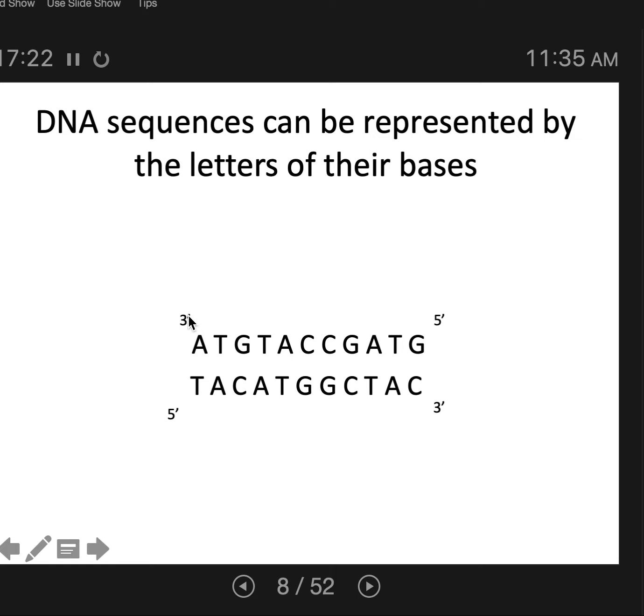I'll remind you, here's a little 3's and 5's on the corners here. That's to indicate directionality, because it doesn't do you any good to just see a string of DNA letters, because you don't know which way the enzyme's reading it. Is it reading it this way? Is it reading it this way? I want you to forget left and right. I know that you, as an English or Spanish-speaking human, are used to left-right.